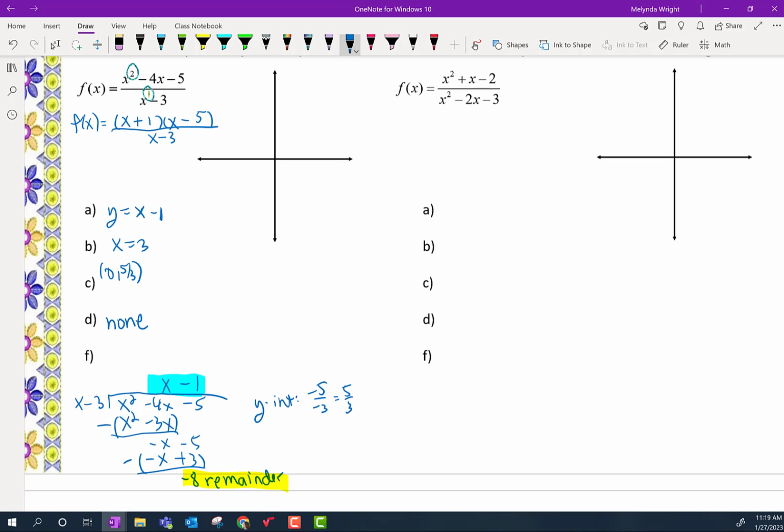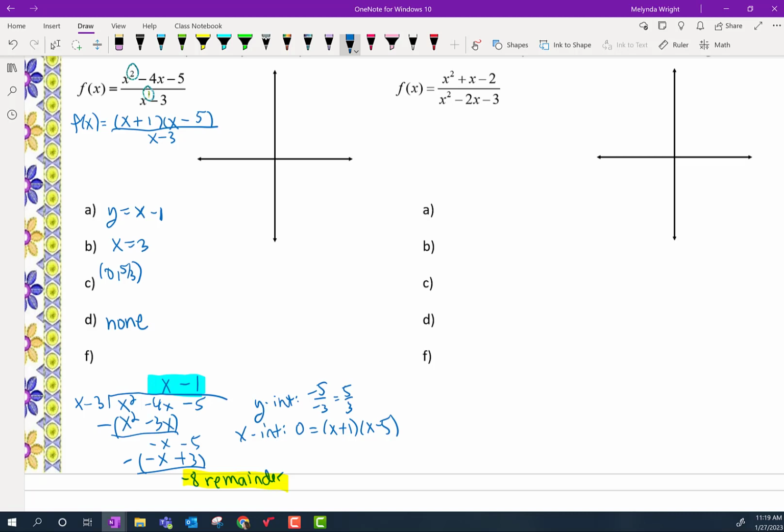Okay, my x-intercept, and we've done x and y-intercepts before, so this should be just a reminder. My x-intercept is when I set y equal to 0, and so really, truly, the numerator equal to 0, and it's already factored, which is kind of nice. So we don't care what the denominator is as long as it's not 0, because 0 over 2 is 0, and 0 over negative 5 is 0.